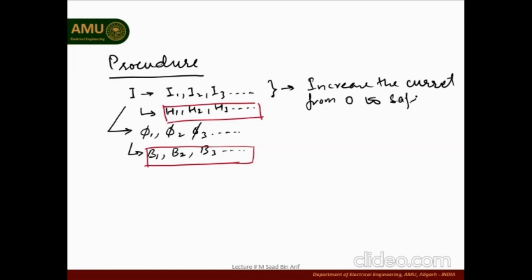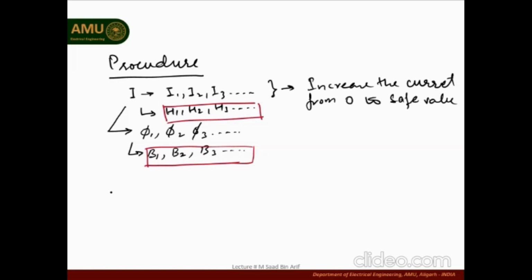Okay. Now, apart from the current reading, we will also record the flux reading. Once we obtain the current from the ammeter, we will calculate.